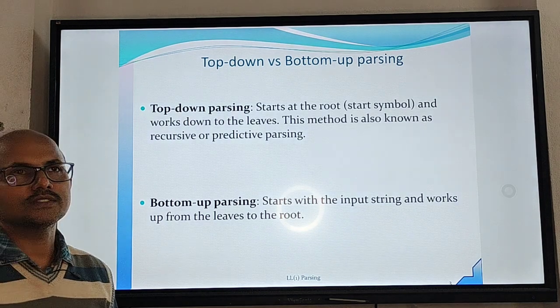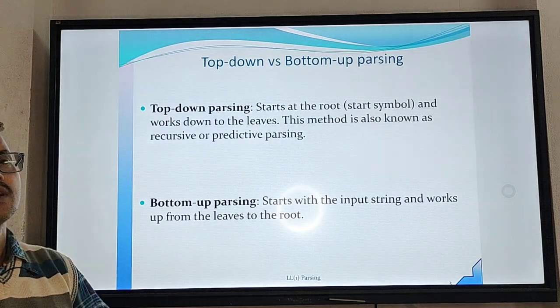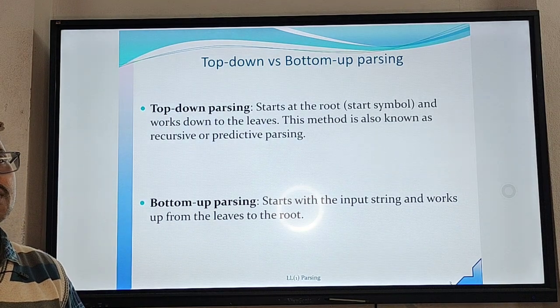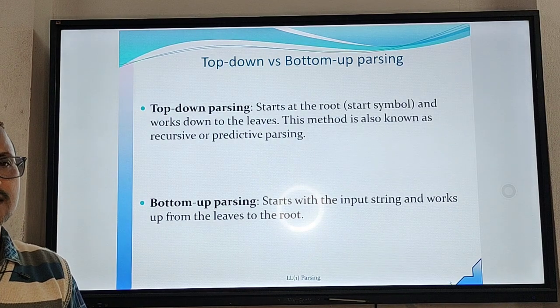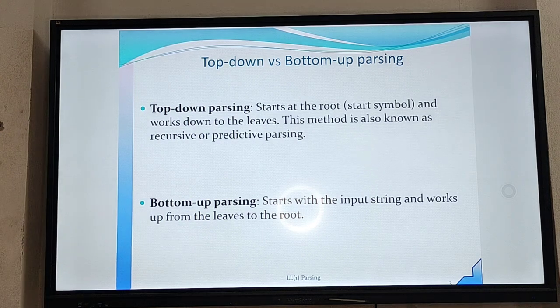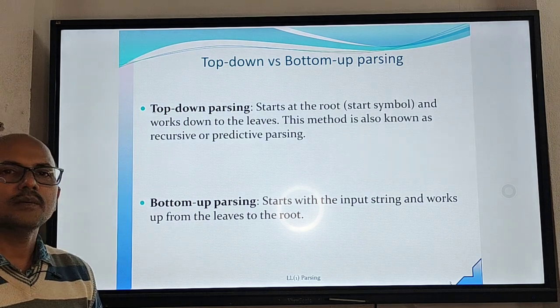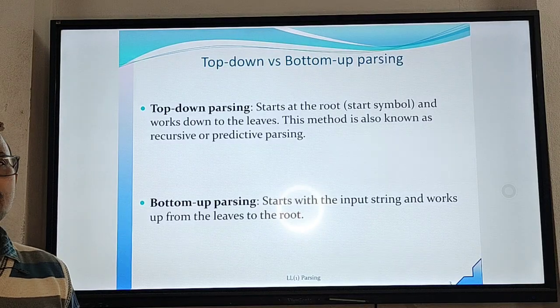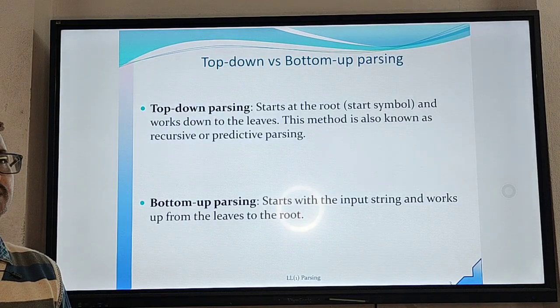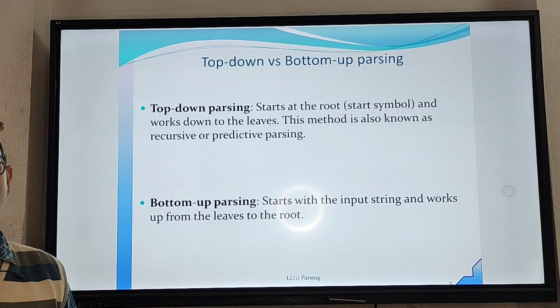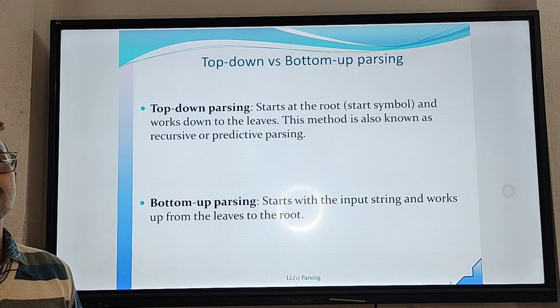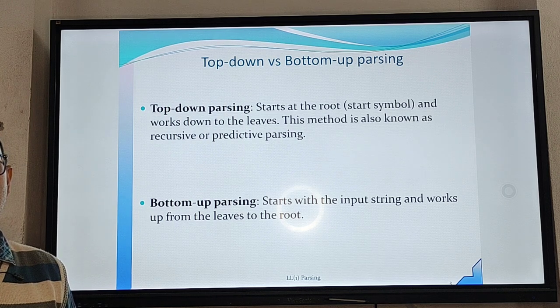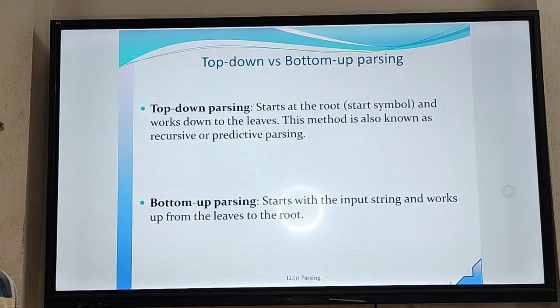In top down parsing, we start from the start symbol of the grammar and eventually generate the input string, while bottom up parsing starts with the input string. After replacing the input string with top level non-terminals, gradually the set of terminals and non-terminals are again converted to the top level non-terminal, and ultimately we reach the start symbol.